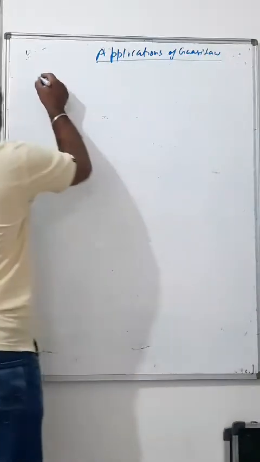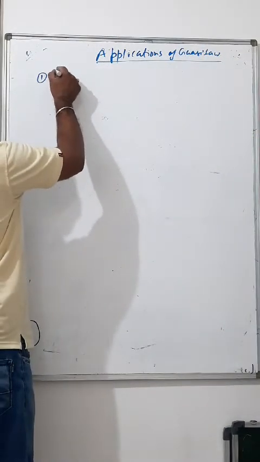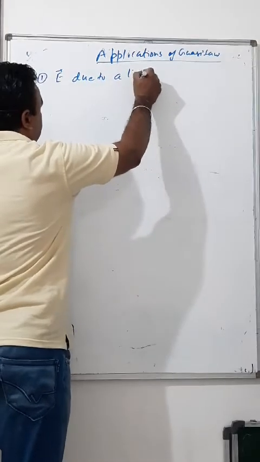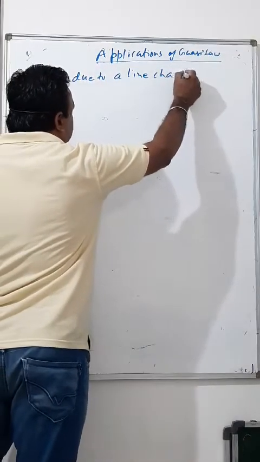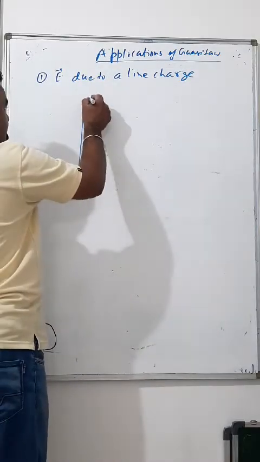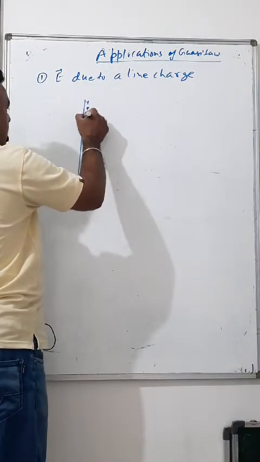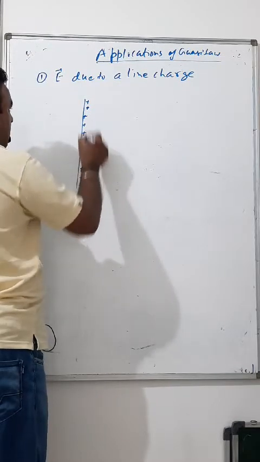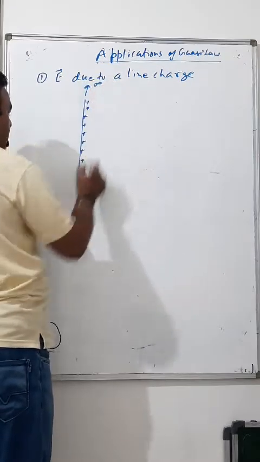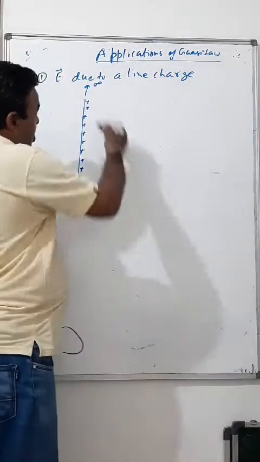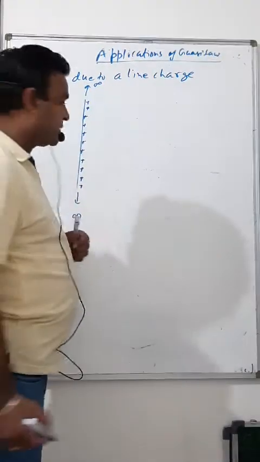First of all, the electric field due to a line charge. This is a line charge. A wire, theoretically, is of infinite length from both sides. It has charge per unit length.